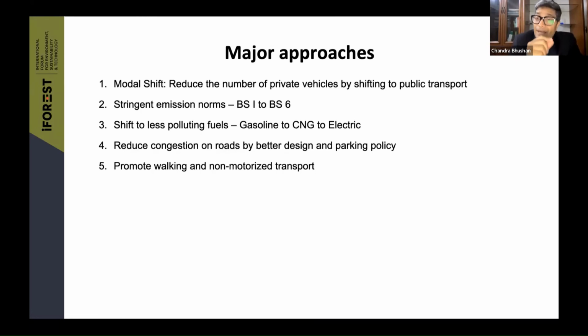So a major job of city managers is how they design their roads and transport infrastructure, which is people friendly. And a parking policy which incentivizes public transport and discourages private transport. Both are in the hands of cities, and it is very important.